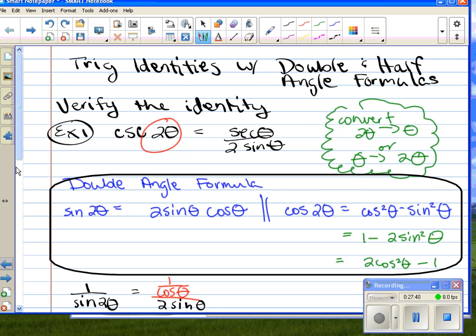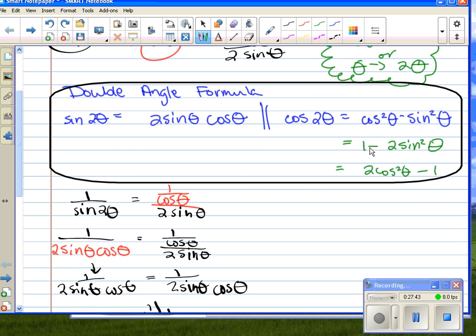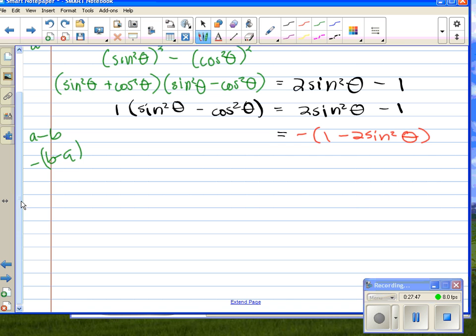Now if you use your double angle formula, 1 minus 2 sine squared is the same as cosine of 2 theta. So I can replace that with cosine of 2 theta.